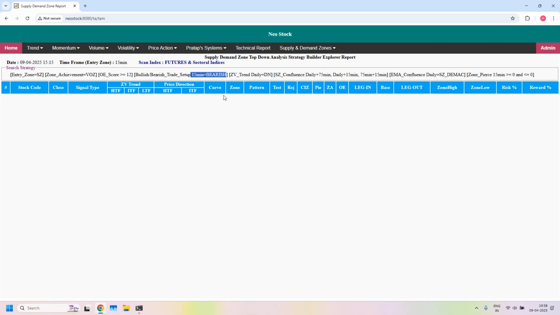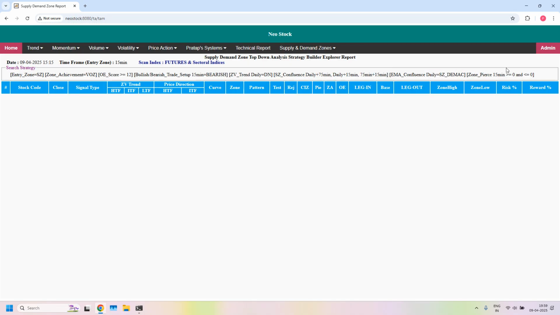So it is matched. And also zone violation trend should be downtrend in a bearish trade setup on the daily time frame. This is HTF. And zone confluence LTF, ITF, HTF, that is daily, 75 minutes and 15 minutes. And EMA confluence also on the daily time frame, so daily supply zone with daily EMA confluence.